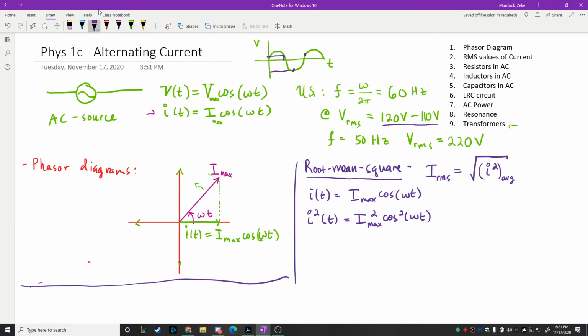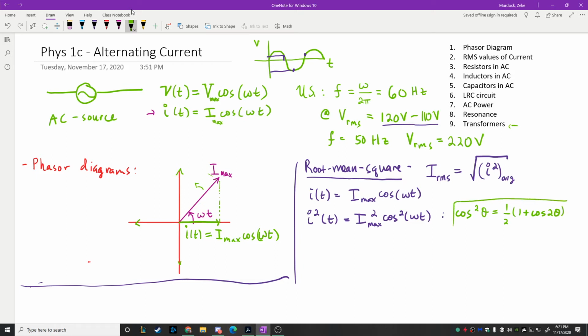There's different ways we can do this, but they all amount to doing the same thing. The way we'll do it here is we know something about cosine squared. We can use the identity to simplify cosine squared. If I have cosine squared of theta, this is equal to 1/2 times 1 plus the double angle cosine. Whether you remember that or not, I'm sure you've all seen this at some point in time.